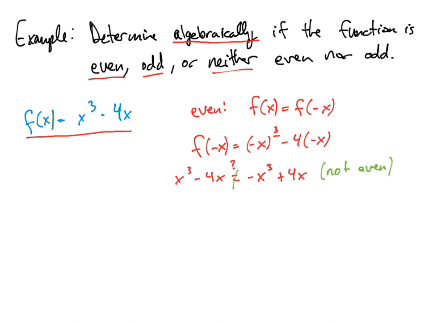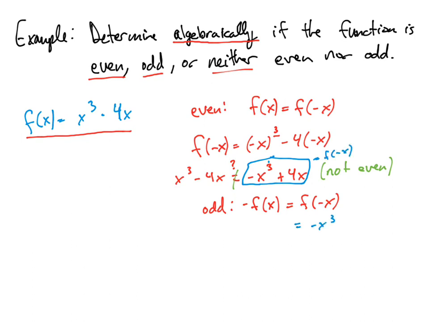Okay, then let's test for the function being odd. We're going to say negative f of x, is that equal to f of negative x? Well, we already have f of negative x. It was this right here. Okay, so that is negative x cubed plus 4x.